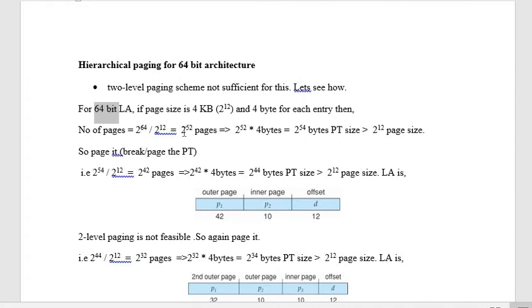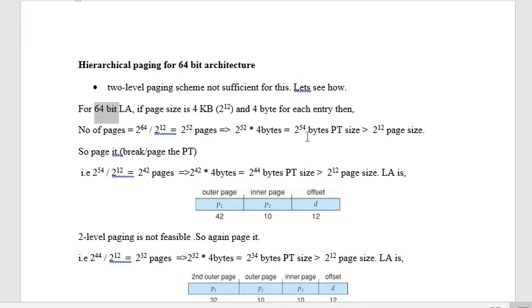This results in 2 to the power of 52 pages, and so 2 to the power of 52 entries. If each entry requires 4 bytes to represent the frame number, then 2 to the power of 52 entries times 4 bytes gives 2 to the power of 54 bytes as the page table size.